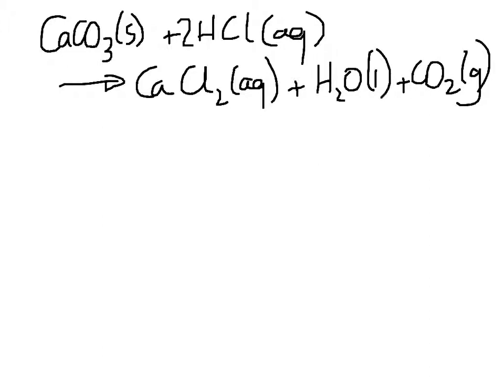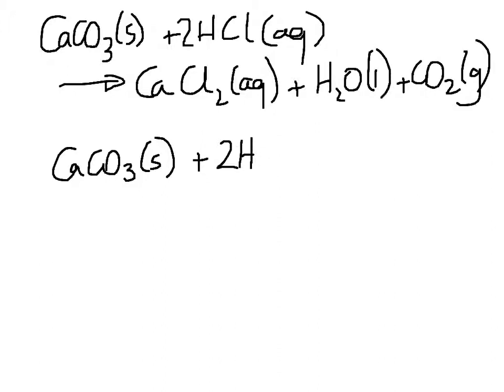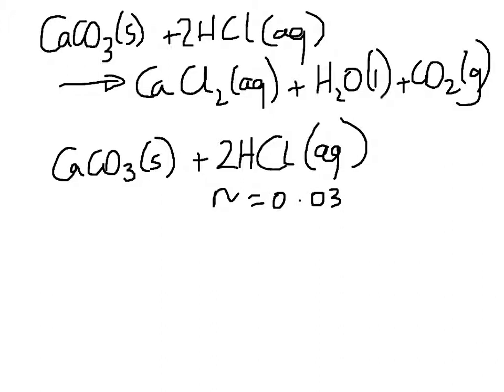Because this equation's too long for the screen, I'll just work now with the reactants again. We have CaCO3 solid plus hydrochloric acid, and we know we have N equals 0.03391 moles here from the last step.